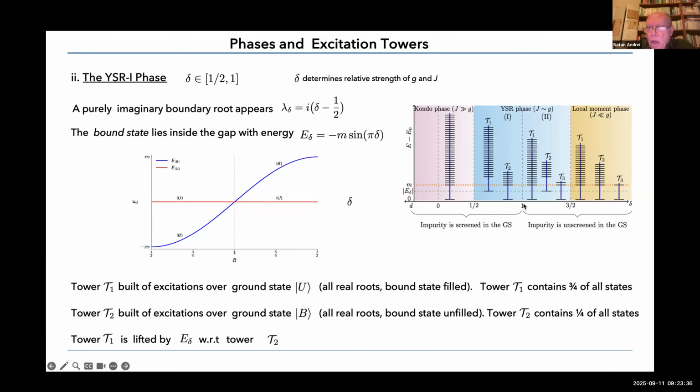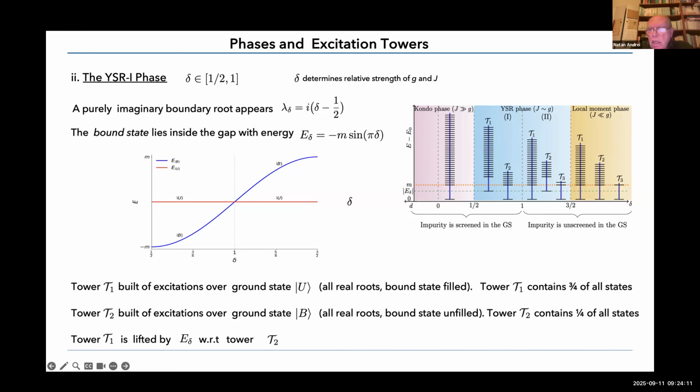And then there is, so here is the plot. And you see, I can either fill the bound state, and I have then this energy of a bound state, which is lowered compared to the state U, where I choose not to fill the bound state. So as a result, I have two possible ground states, U and B, and then I have towers of excitations.